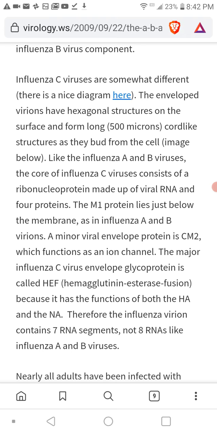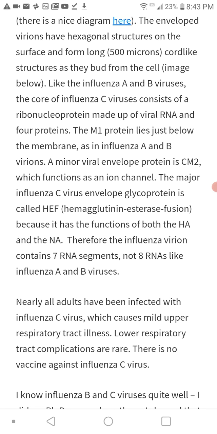The major Influenza C virus envelope glycoprotein is called hemagglutinin-esterase fusion because it has the function of both HA and the NA. HA and NA are both on Influenza A and B. Therefore, the influenza virion contains 7 RNA segments.